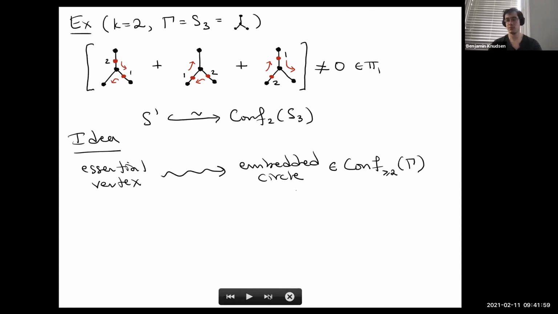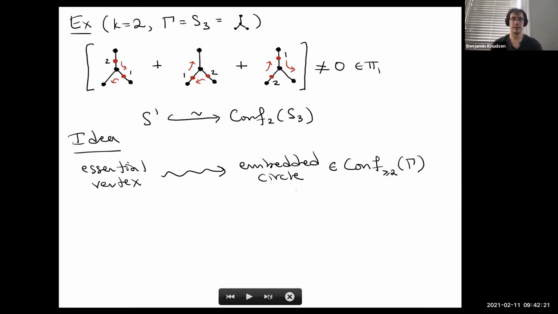It's just by allowing the 2 particles to do this move locally at that vertex. And thereby you get an embedded circle in any configuration space of a larger number of points just by letting the rest of the points sit stationary somewhere far away from where the action is happening.